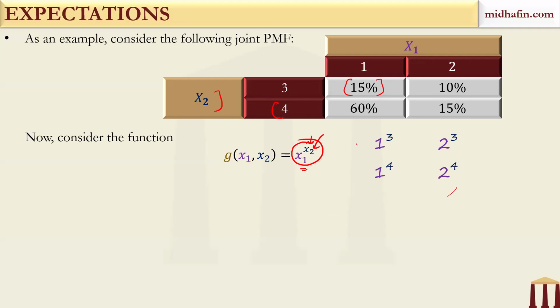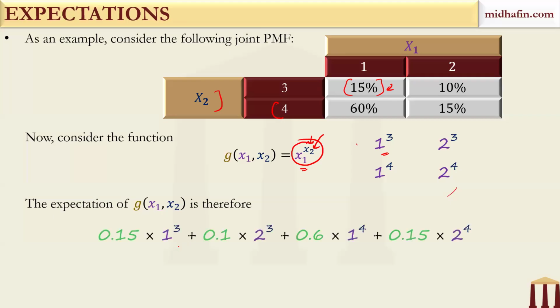So tell me, if I want to find out the expected value of g(x1, x2), what will I do? I'll multiply these joint probabilities to the outcomes. Joint probabilities to the joint outcomes, I'm just multiplying. Can you tell me what the answer will be quickly? Send the answers via private chat.